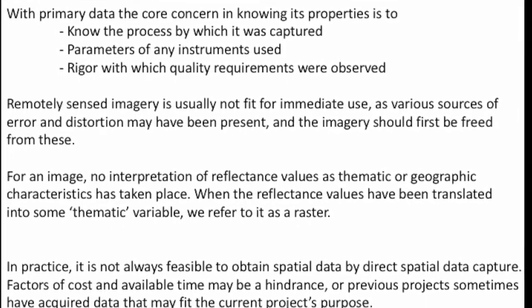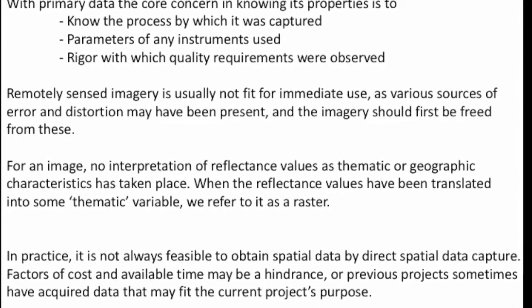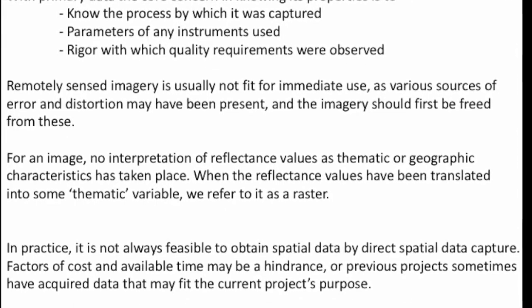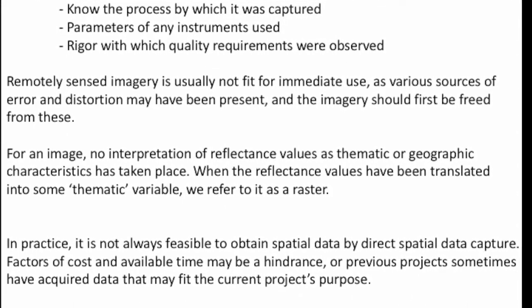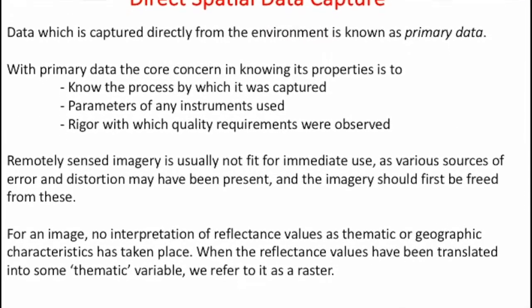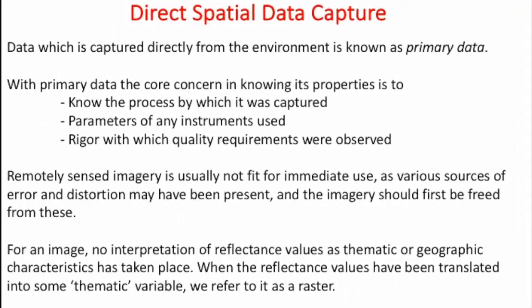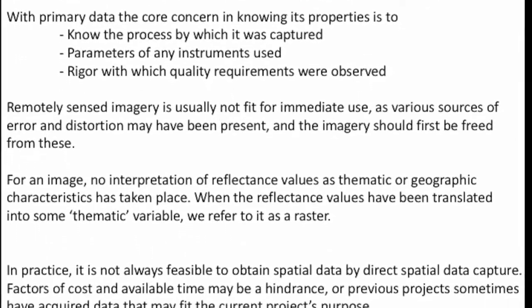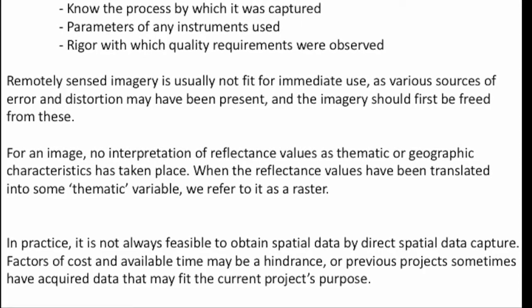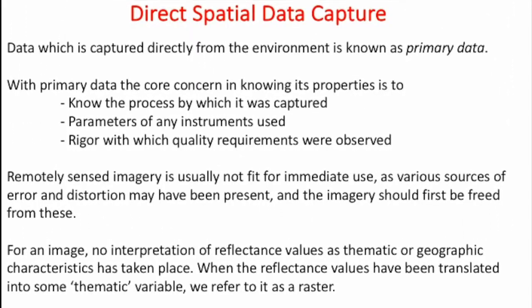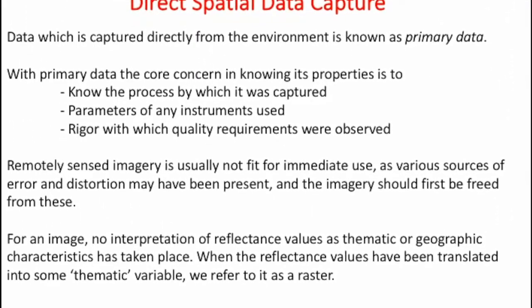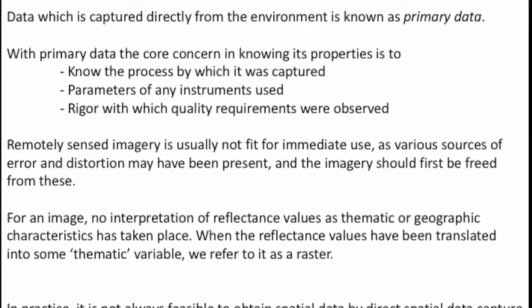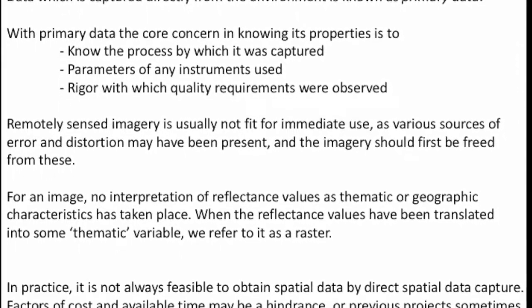So we should know the availability of data through a clearinghouse or geoportal. From there we can find out if the data is available for that particular location, so that direct field observation is not required.